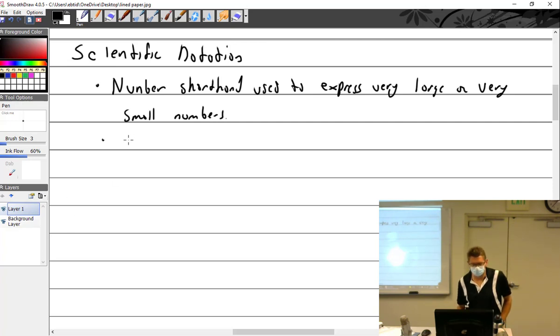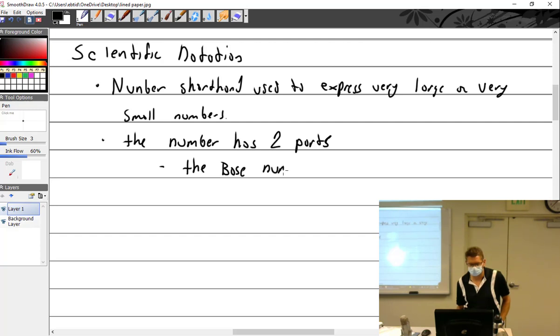Okay, the number has two parts. We have the first part, the base number, which is greater than or equal to 1 and less than 10.